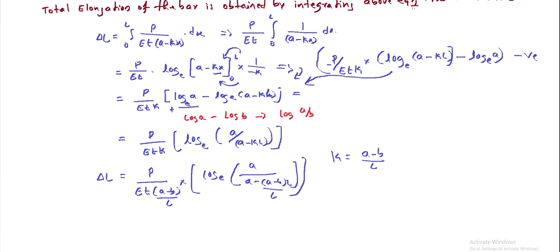Now it is just a simplification part. This is plus A, this is minus A, and this L and this L will cancel. Here it is minus into minus, plus B.